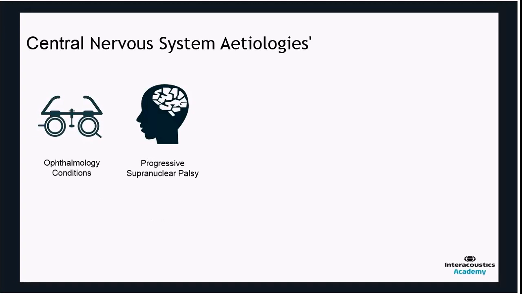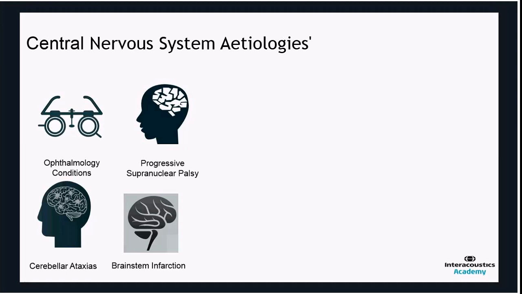We also have more degenerative conditions that present to us, such as progressive supranuclear palsy. Cerebellar ataxias also can have disruptions within the oculomotor examination. Brainstem infarction, again depending on site of lesion and extent of the infarction, we can start to see more gross changes within the oculomotor exam.